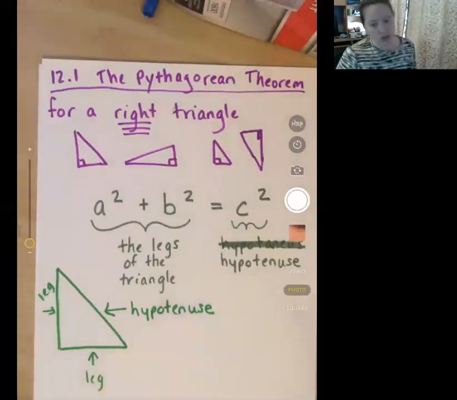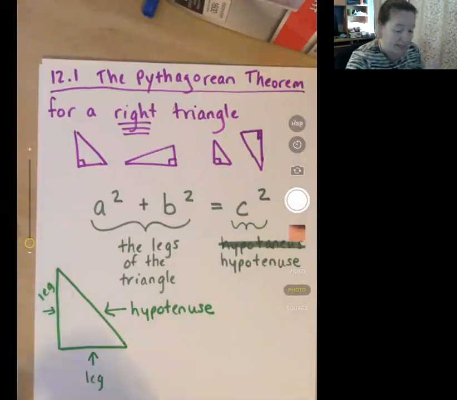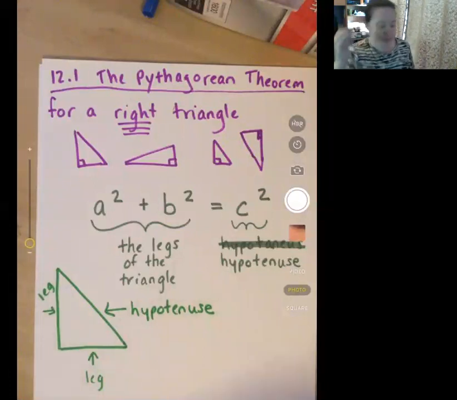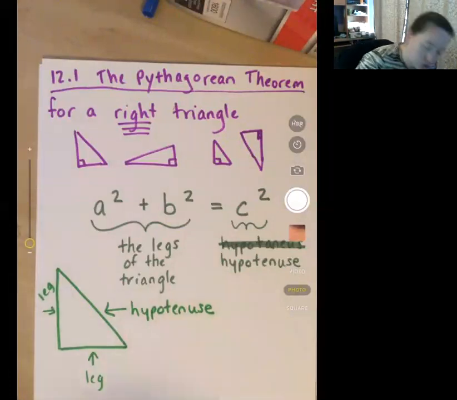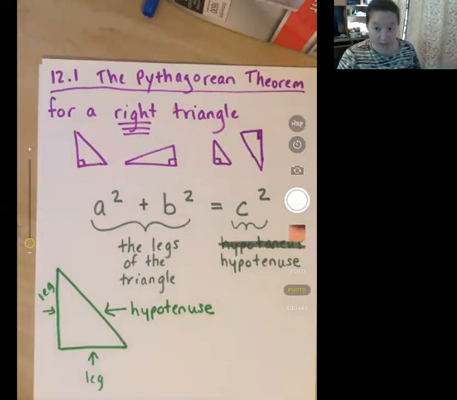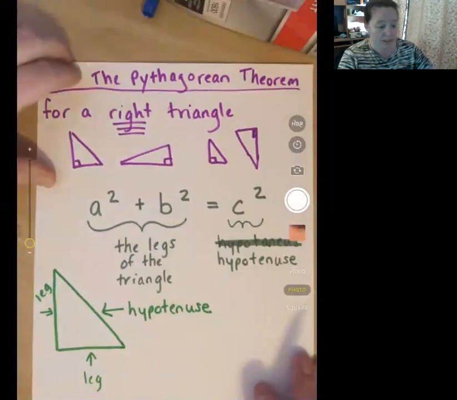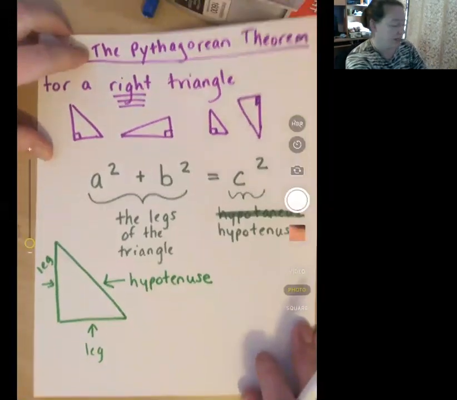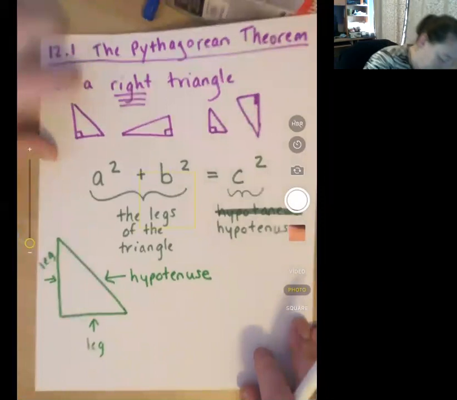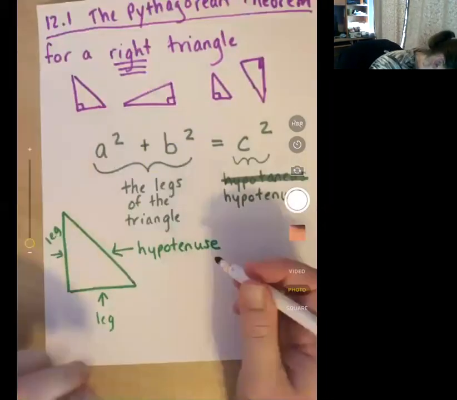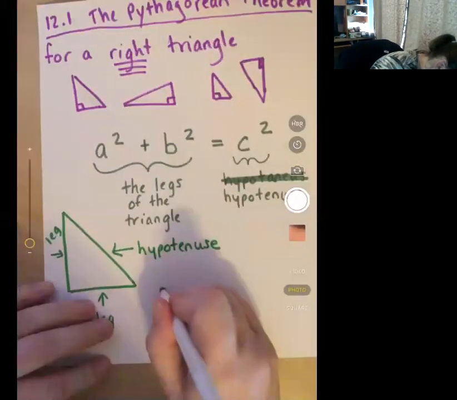So let's do some problems with this. Let's say that we have this triangle, and I know that this side is 3 inches.